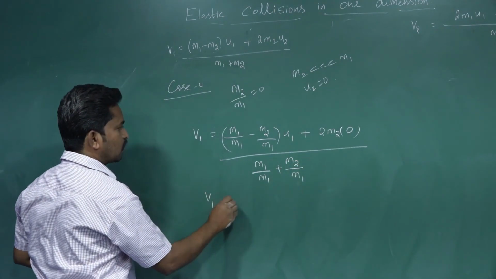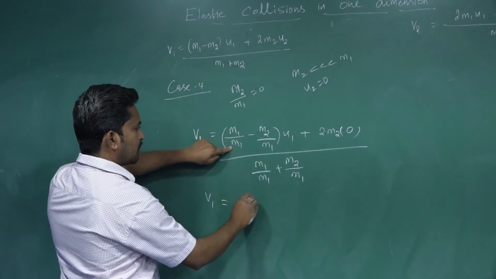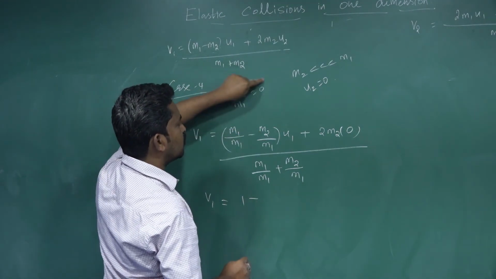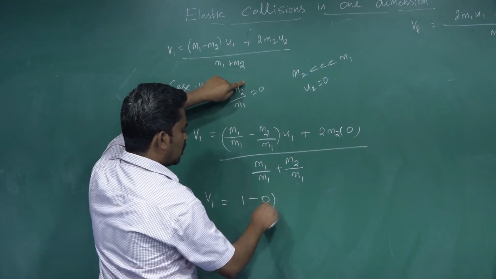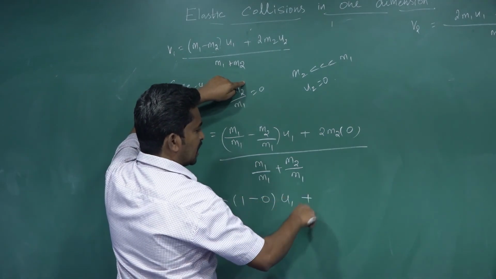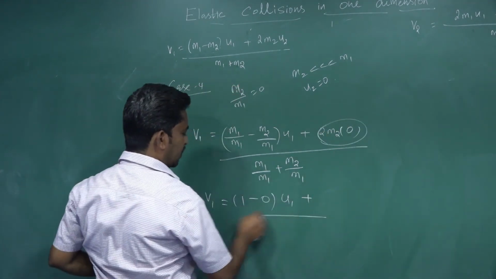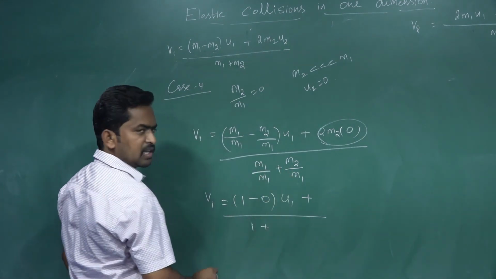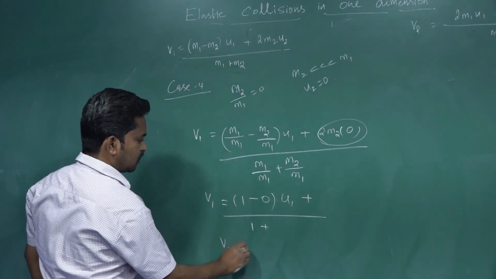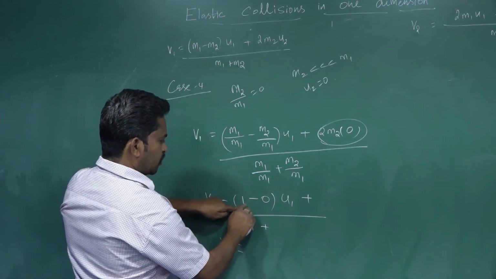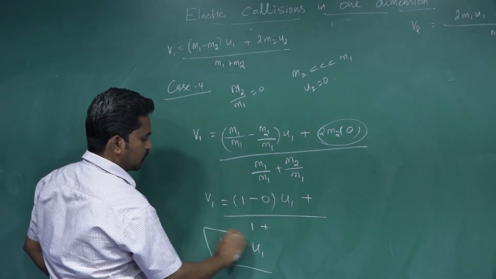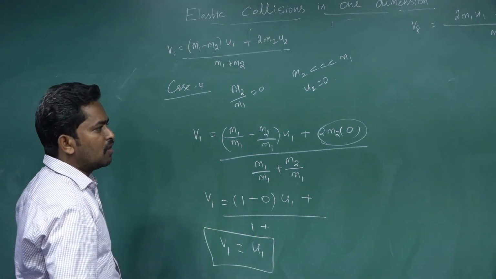So V1 is equal to M1 divided by M1, so 1 minus M2 divided by M1. Since M2 divided by M1 is equal to 0, the overall term is 0 divided by 1 plus M2 divided by M1, which is 0. So V1 is equal to 1 minus 0, which is 1 into U1. So V1 is equal to U1.